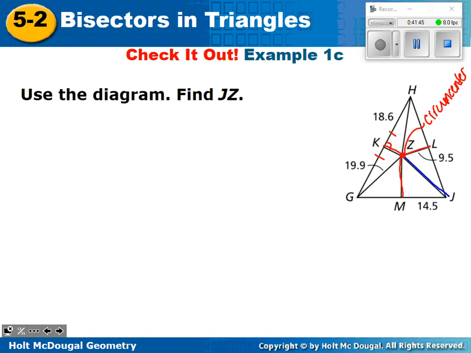Okay? So what do we know about the circumcenter and the distance to each vertex? They're congruent. So JZ should be the same as GZ and HZ. Okay? So what is JZ? 19.9. Are you following me? Questions?